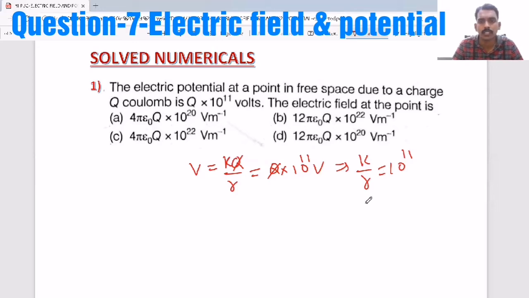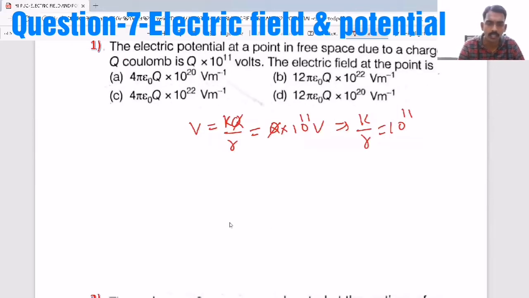Now the electric field at that point is E equal to KQ by R square, which I can write as K by R into 1 by R into Q. But we have the value of only K by R. We don't have the value of K by R square.